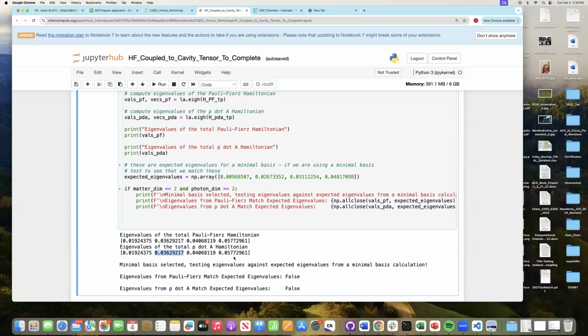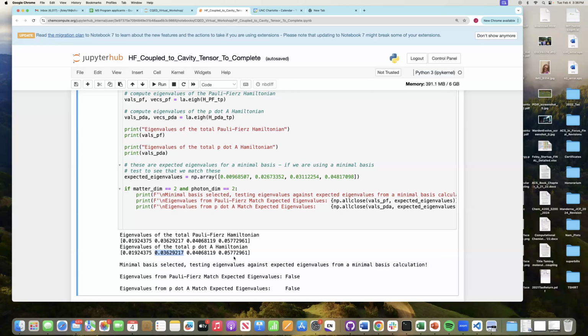As soon as you don't have a harmonic oscillator, so let's assume that for the matter Hamiltonian you introduced some anharmonicity, maybe a quartic oscillator, or maybe a Morse oscillator, you will not, in general, find that the eigenvalues of the P dot A match the Pauli-Fierz Hamiltonian.